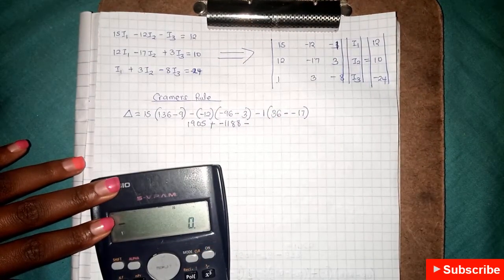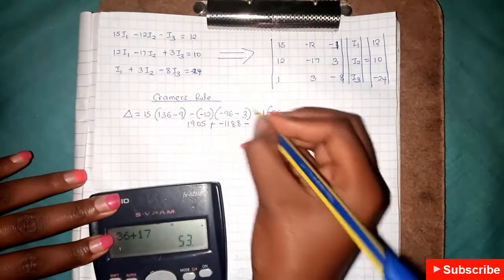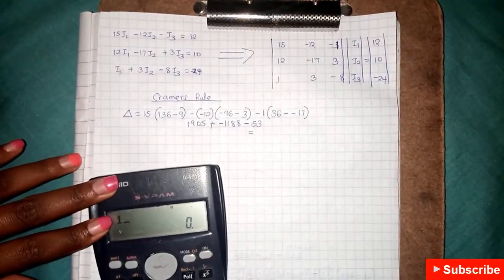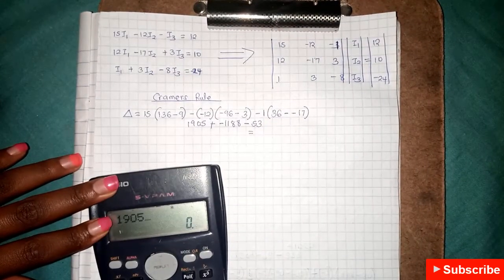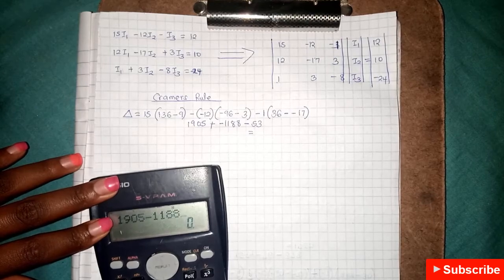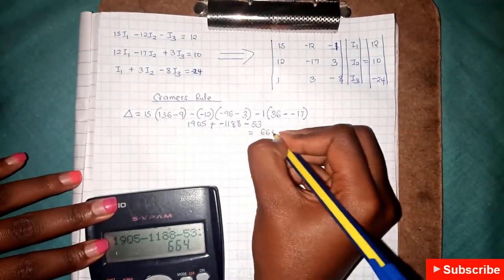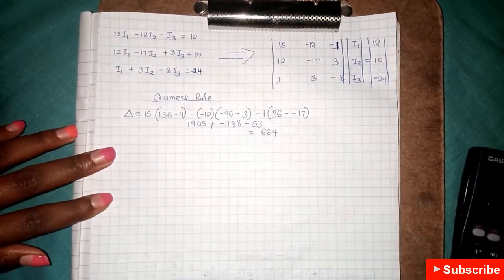Minus 36 plus 17, 53. Okay, so our answer is minus 1188 minus 664. That's our first one.